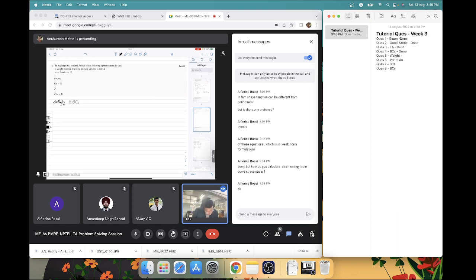We know that whatever conditions the primary variables have are called essential boundary conditions, and as the name suggests, essential means that it must be satisfied.